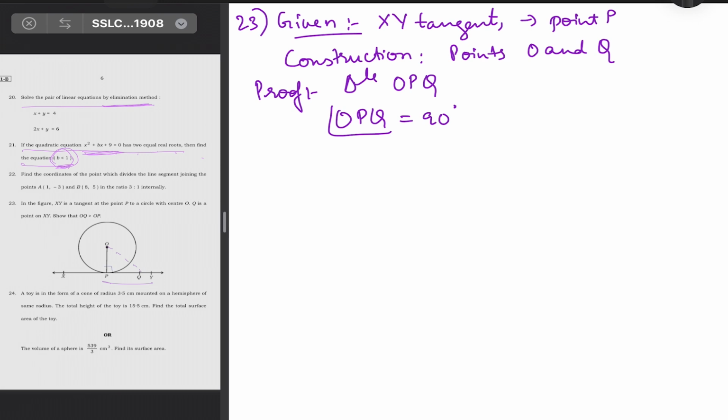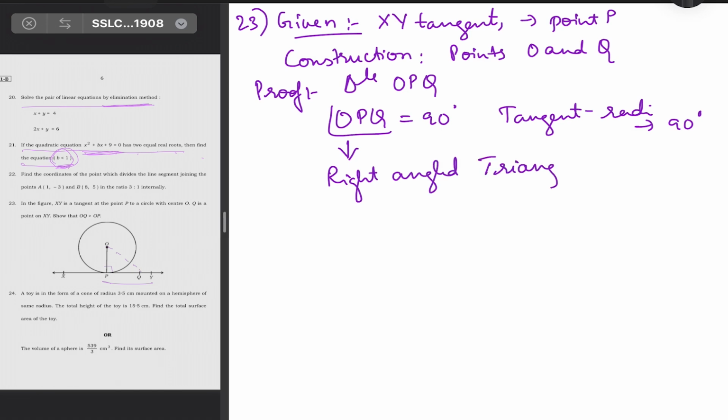How do we say this angle is 90 degrees? It is from the theorem that the tangent and the radius, at the point where they meet, form 90 degrees. Hence, OPQ is a right angled triangle, right angled at P.